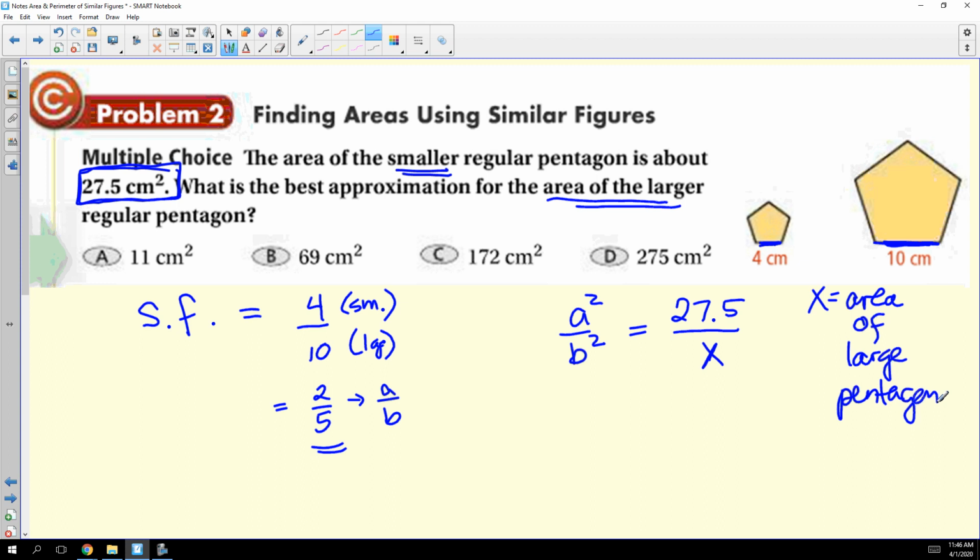Then I'm going to take my scale factor, which is 2 over 5, and say 2 squared over 5 squared equals 27.5 over x. So 4 over 25 is equal to 27.5 over x.